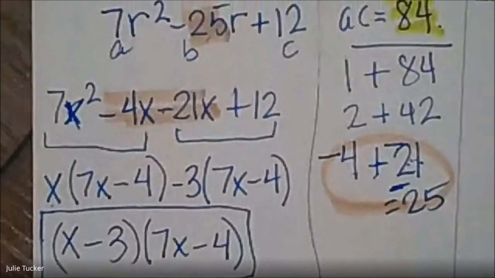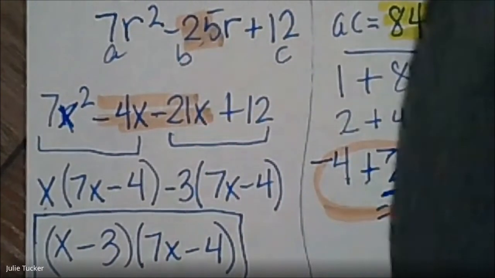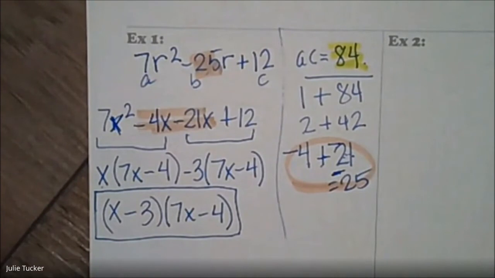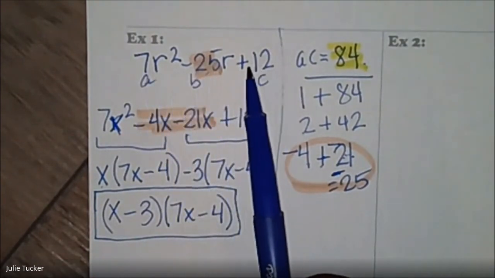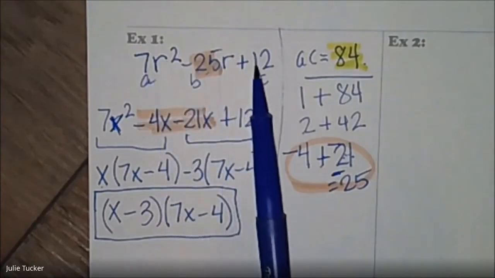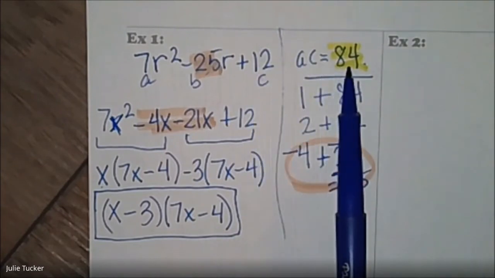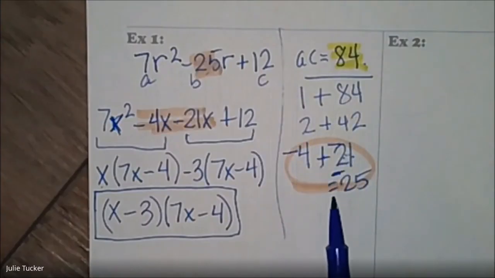So here's the whole problem on one screen. I'm going to zoom it down a little bit just so I can review it with you. So here was the original problem. To do the AC method, what you do is you multiply the A times the C. That gives you a number that you put over here to the side, and you start listing the factors.